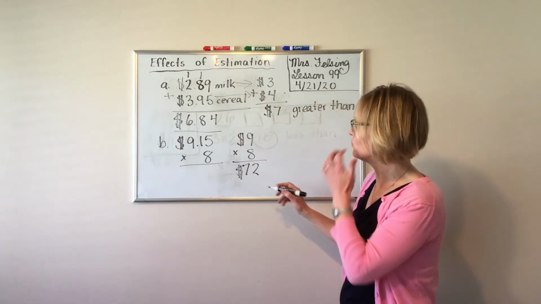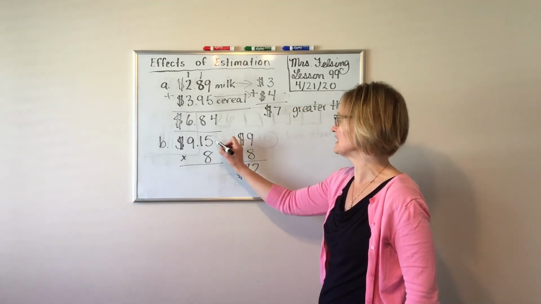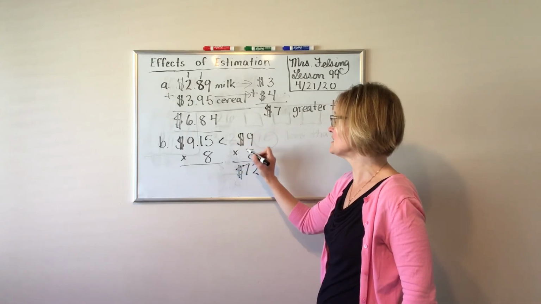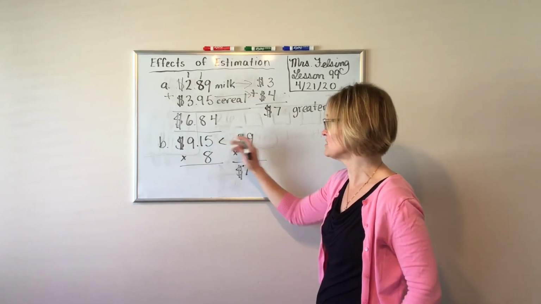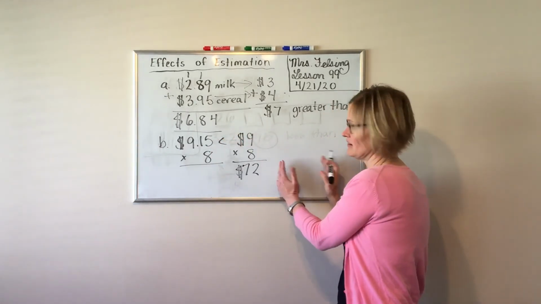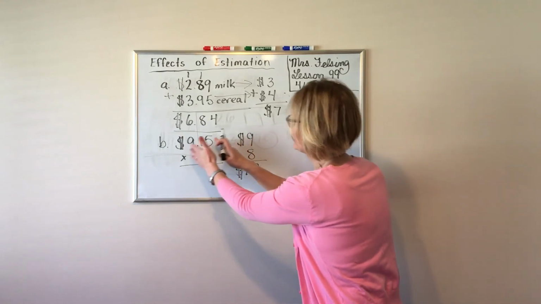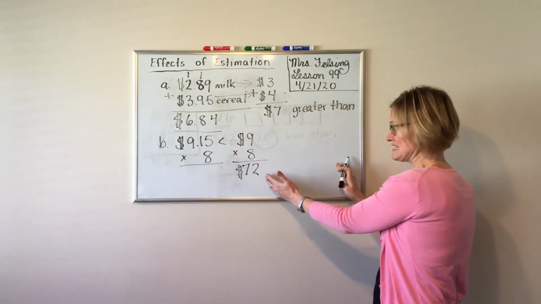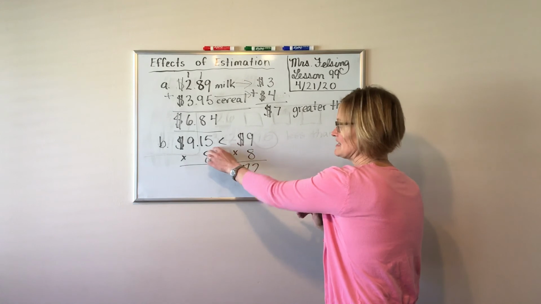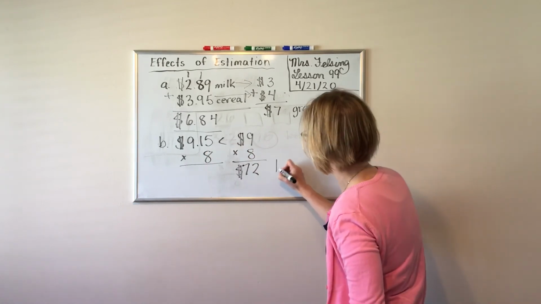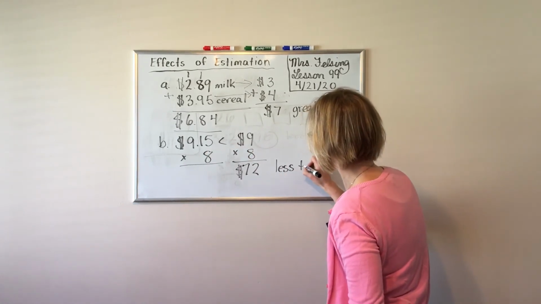Now, remember our rule. If the estimate is greater than the actual price, your answer is going to be greater than. If your estimate is less than the actual price, it is less than. Since this is less than, our estimate will be less than.